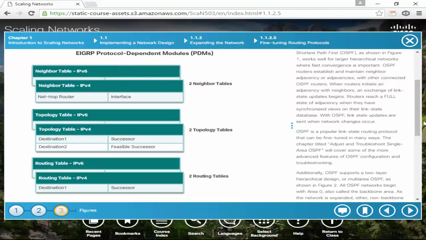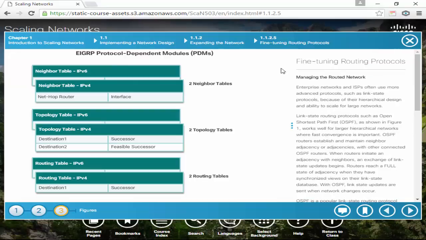And in the same way as multiple area OSPF, EIGRP uses protocol dependent modules that split us up between IP version 6 and IP version 4.